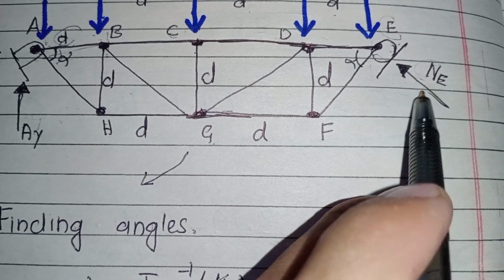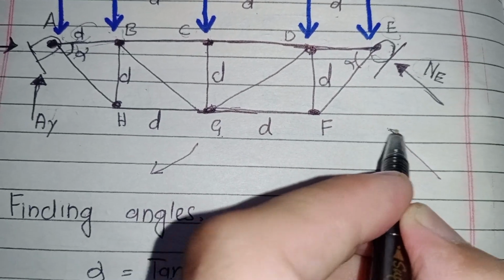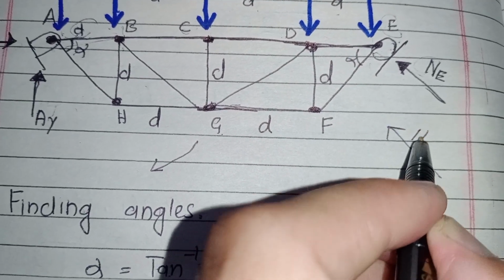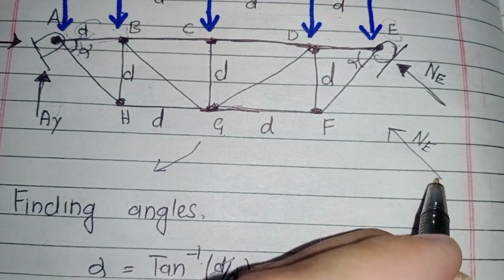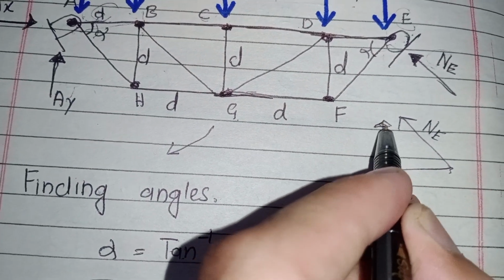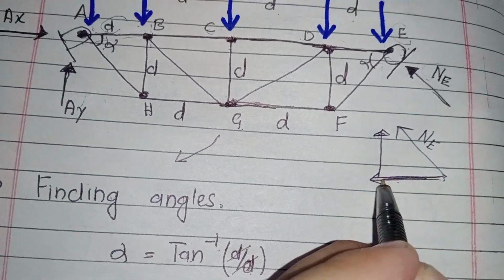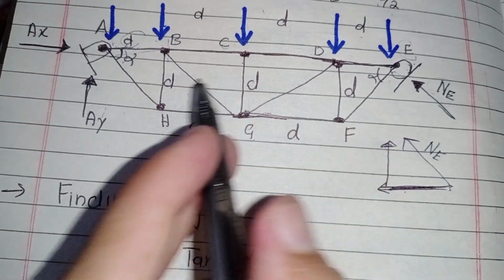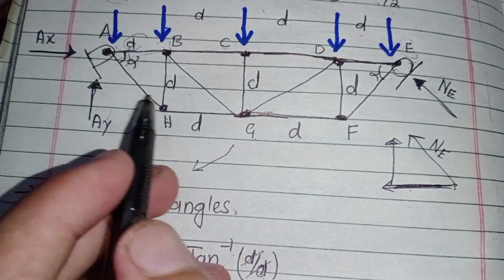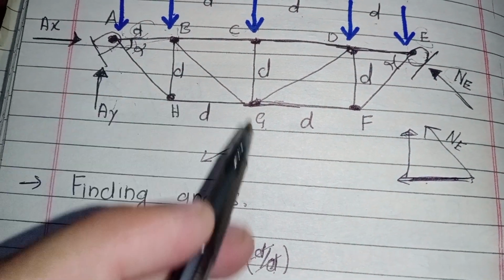It has two components: this is the resultant force, this is its horizontal component, and this is its vertical component. A horizontal component cannot produce rotation in this truss at point A.